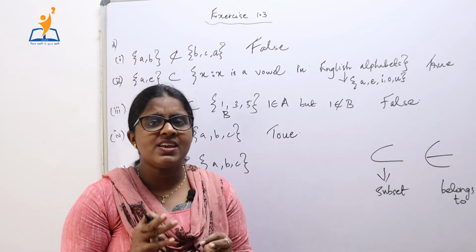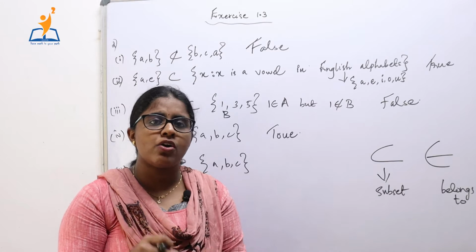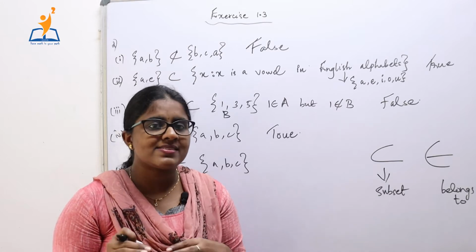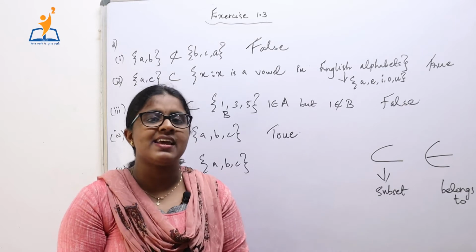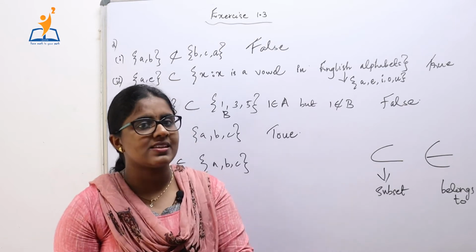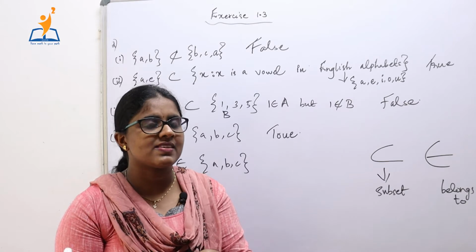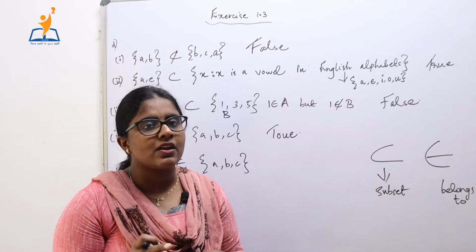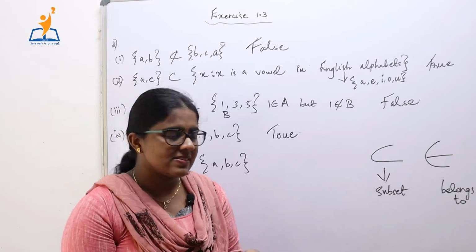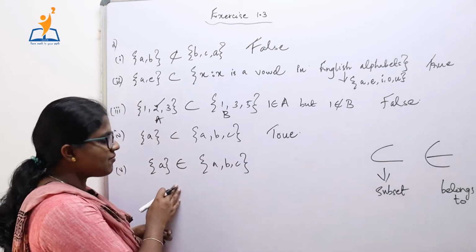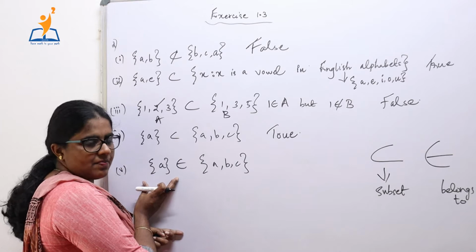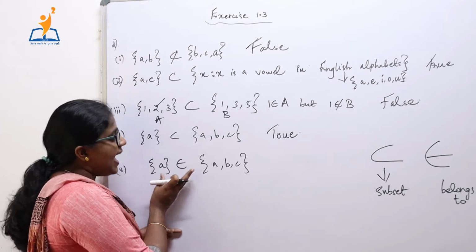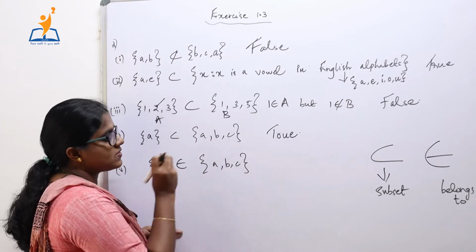Now how will we say that an element belongs to a set? We will say that if that particular element or a set is belonging to another set, then we say that particular element belongs to that set. Now the statement given is set A belongs to set ABC.